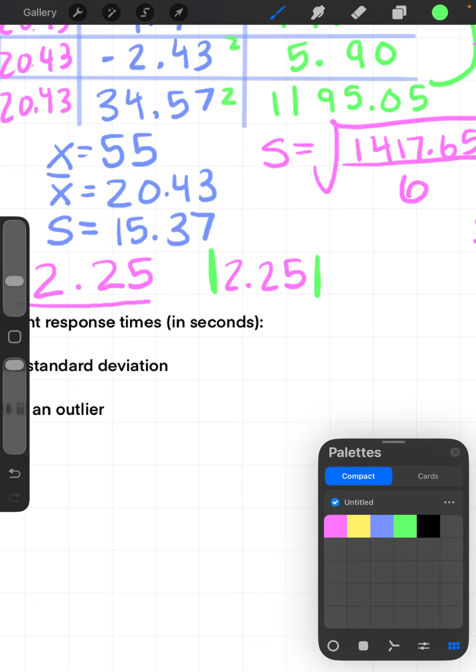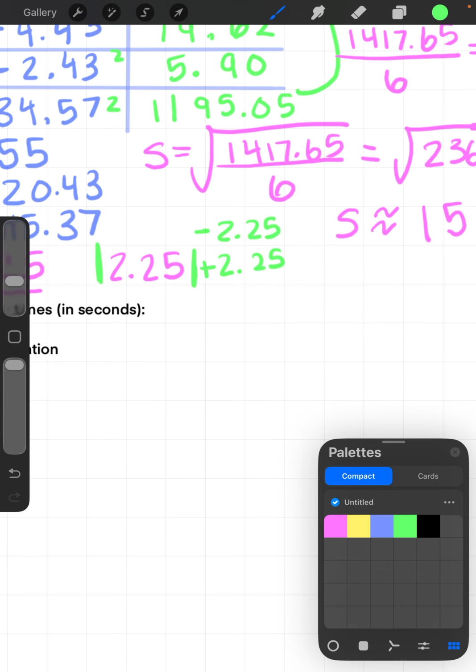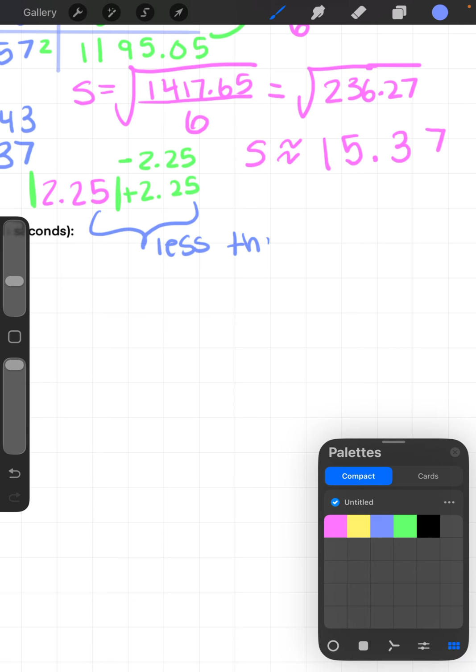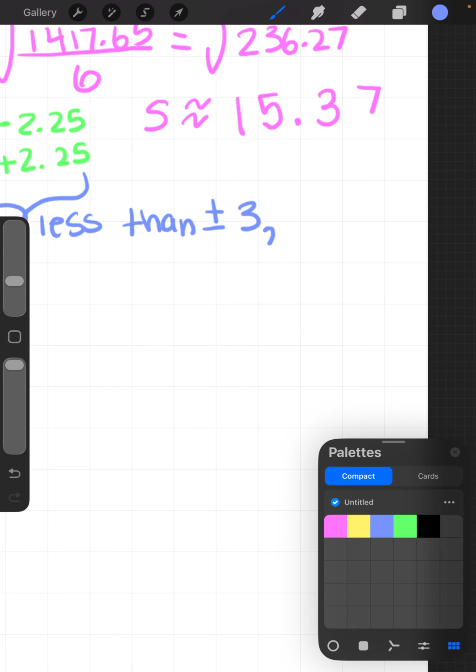So whether it's negative 2.25 or positive 2.25, this is less than 3, plus or minus 3, therefore not an outlier.